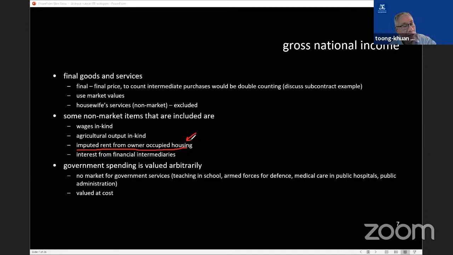A shopping center or office building used by the owner. No, that one is fine, because an office building used by the owner is an asset. It is captured. Because the owner pays for the building, it becomes an asset in the company accounts.